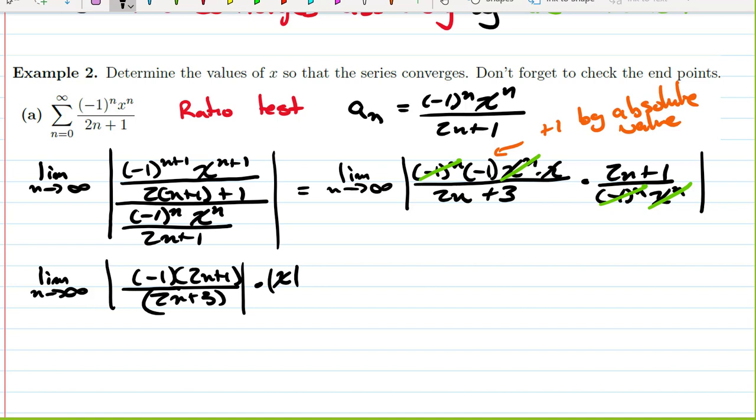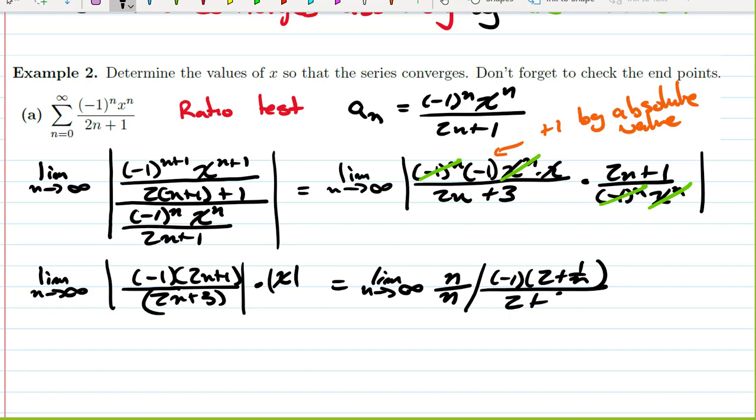So we just split this up, and if we factor our greatest common factor of n out of each of these, we have an n over an n, and then that's going to leave our -1 times 2 plus 1 over n divided by 2 plus 3 over n times the absolute value of x.